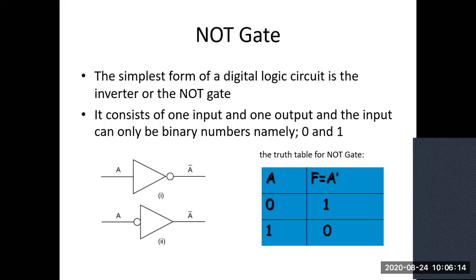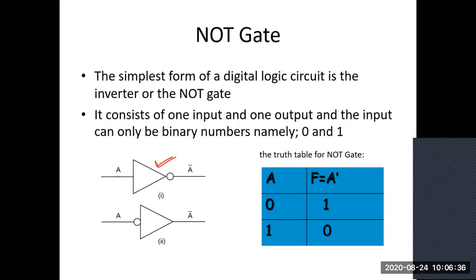If you want to represent the NOT gate with a symbol, this is the symbol for the NOT gate. We can represent it this way also. Both are the same. In general we use this symbol, and you will see it in most of the books as the general symbol for NOT gate operation.